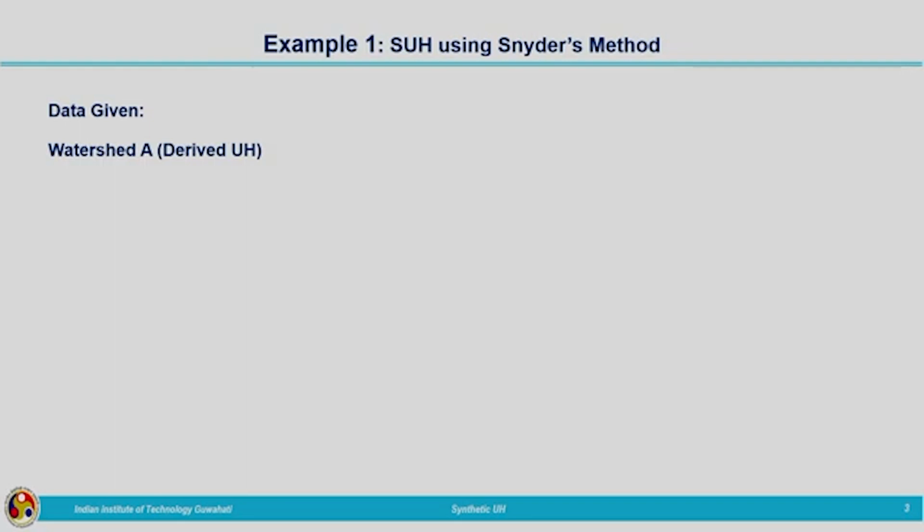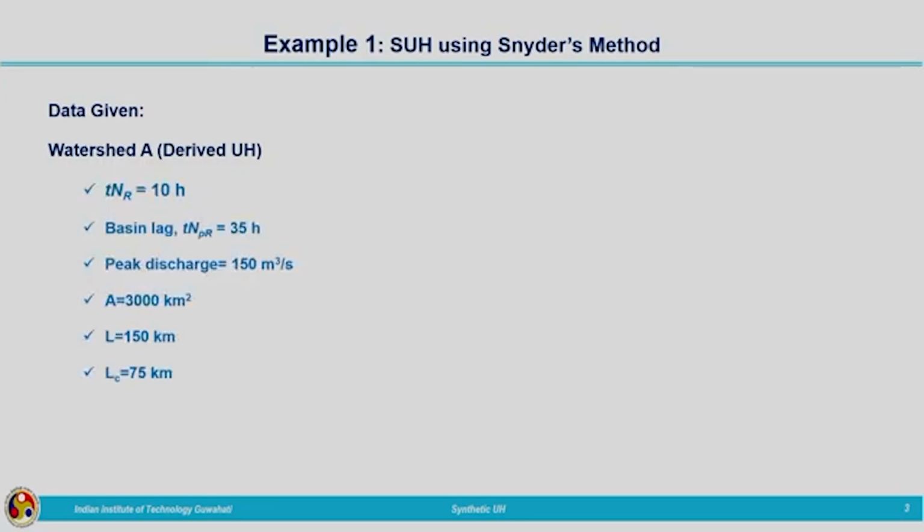The characteristics of the derived unit hydrograph are given: the effective rainfall duration TNR is 10 hours, basin lag TNPR 35 hours, peak discharge 150 meter cube per second, and the geomorphological characteristics are given to us.